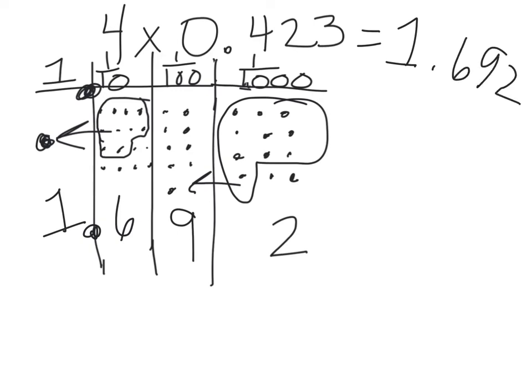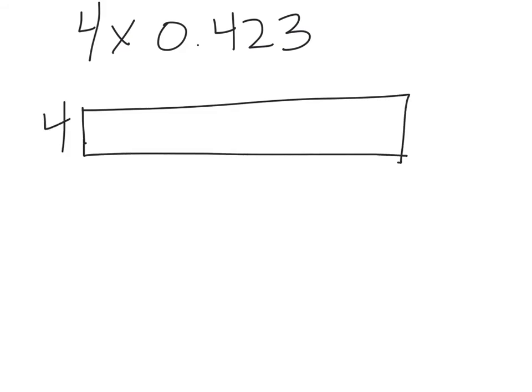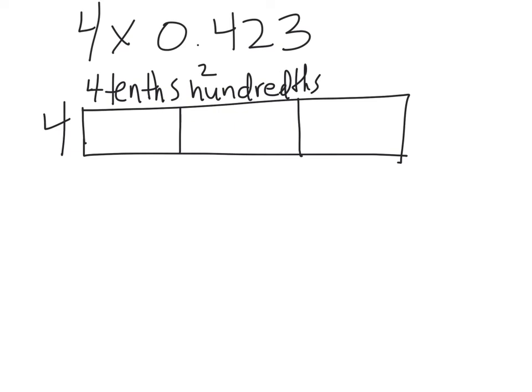Okay, let's try the same problem using an area model. Right? So this is 4 times 423 thousandths. So it's 4 times 4 tenths, 4 times 2 hundredths, and 4 times 3 thousandths.